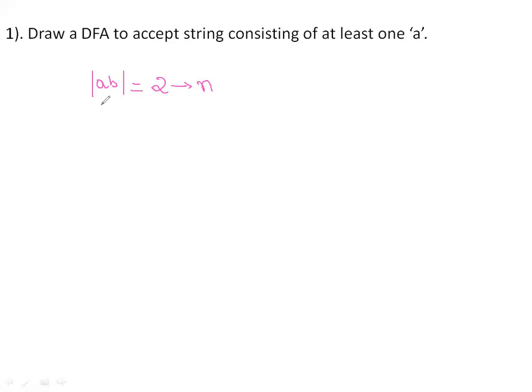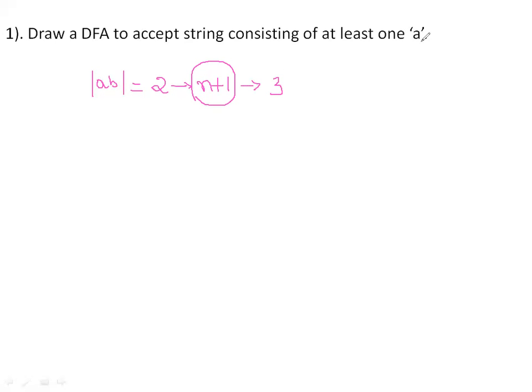If I want to design a DFA for this particular string, then I need n plus 1 states. Remember this. It is not compulsory that only 2 should be the length of a particular string; the minimum string we are expecting is 2. Then n plus 1 will be the total number of states we may need in designing the DFA. So 3 states we need.